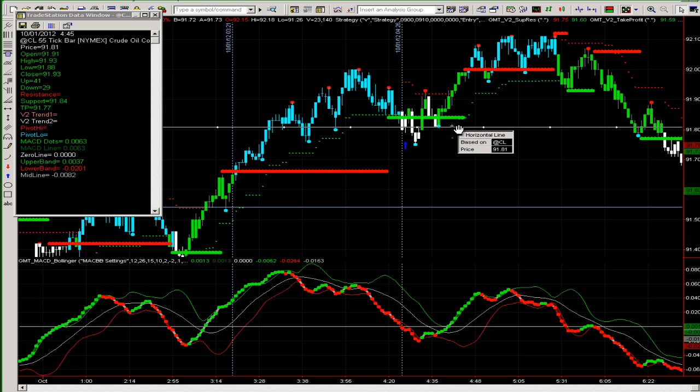So just here, there's 91.80. So it's thinking, all right, well, stop's back here. Then the green dots come up. Now, if price is above the stop, it's going to continue on as thinking that we're still in a trade. However, if you get these green dots and price is below that stop, it'll automatically market you out.